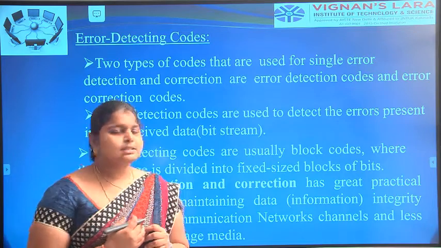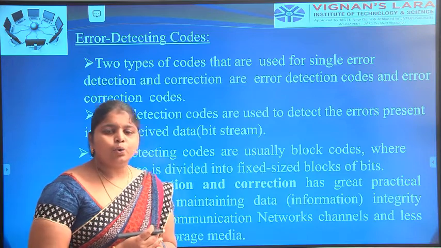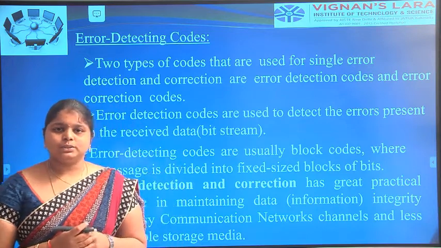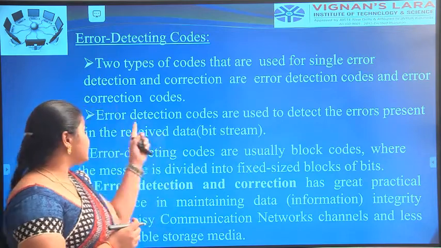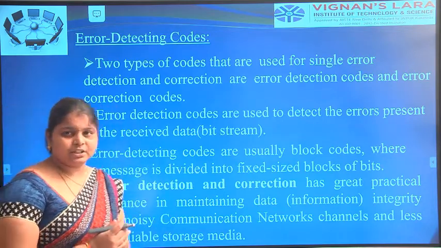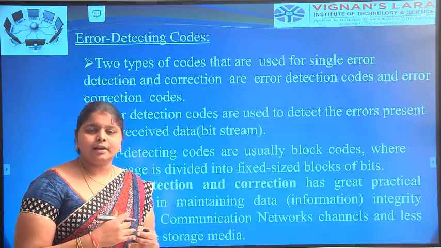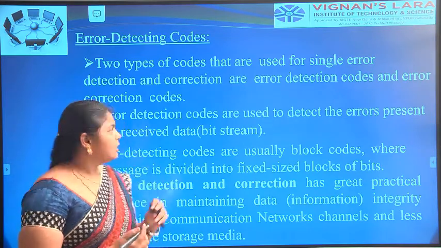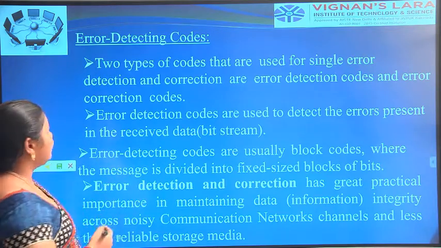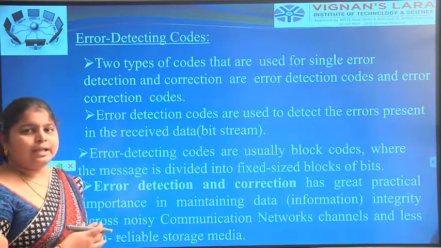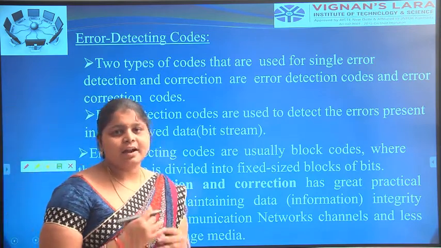Now we discuss the error detection codes. There are two types of error detection codes: detection and correction. An error that has occurred can be detected, and the error that is detected can be corrected.